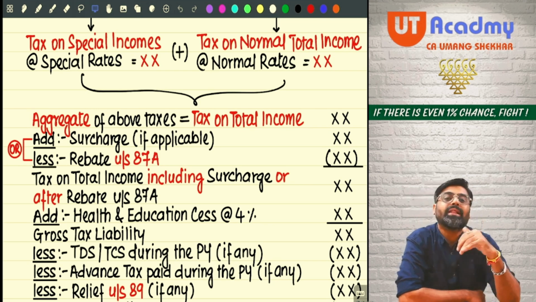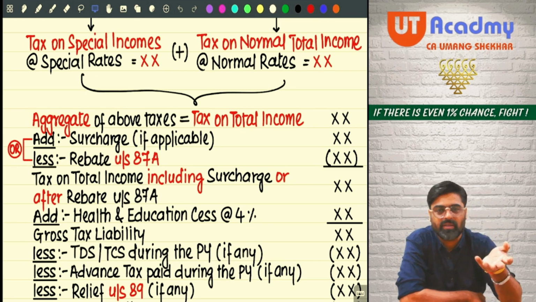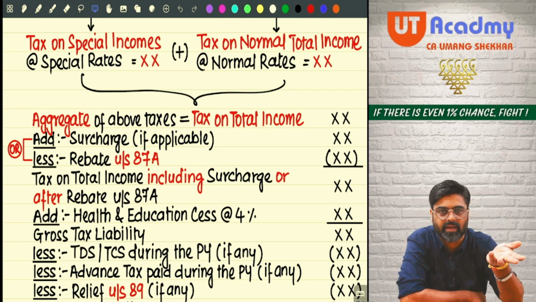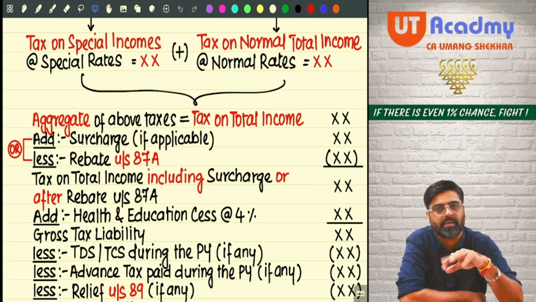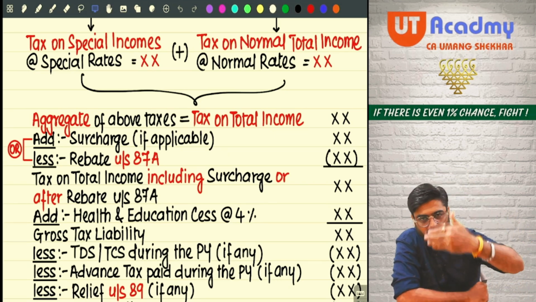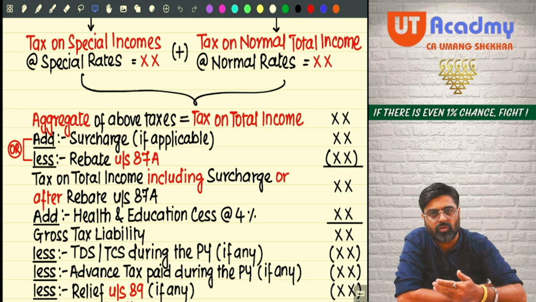When the surcharge will be applicable, what will be the rate of surcharge, when the rebate will be applicable, who will get the rebate, and what will be the amount of rebate, we are going to study today. But first of all, learn this entire process.